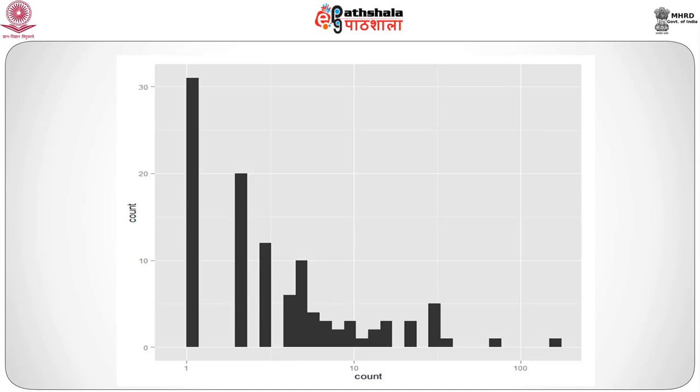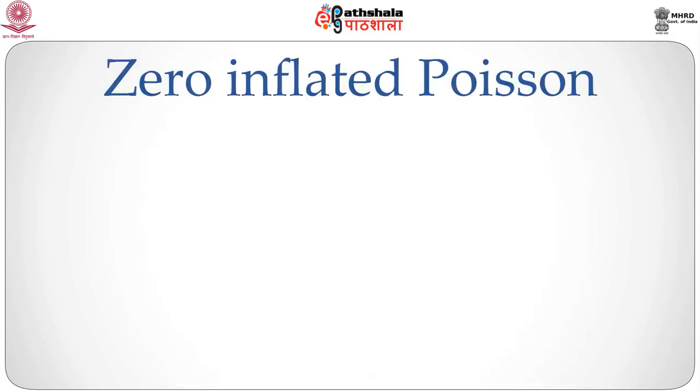The unique phenomenon about this histogram is that while it can generally be assumed to follow a Poisson distribution, the number of zeros for the data are considerably in excess of what we expect to see if we had indeed a Poisson distribution. Such distributions are called zero inflated count distributions. And in this module, we will look at some popular methods for modeling zero inflated counts.